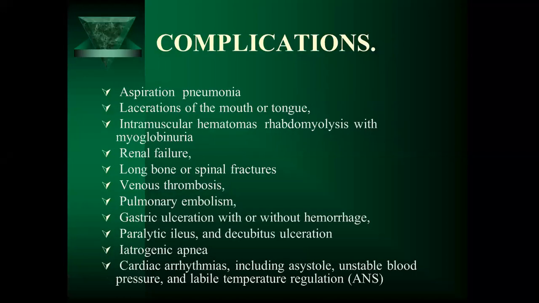Then the patient should be admitted in hospital in a separate room. You have to monitor for complications. The patient can develop aspiration pneumonia, laceration of the mouth or tongue, intramuscular hematoma, rhabdomyolysis with myoglobin renal failure, long bone or spinal fracture, venous thrombosis, pulmonary embolism, cardiac ulceration with or without hemorrhage, paralytic ileus, decubitus ulceration, iatrogenic apnea, and cardiac arrhythmia.